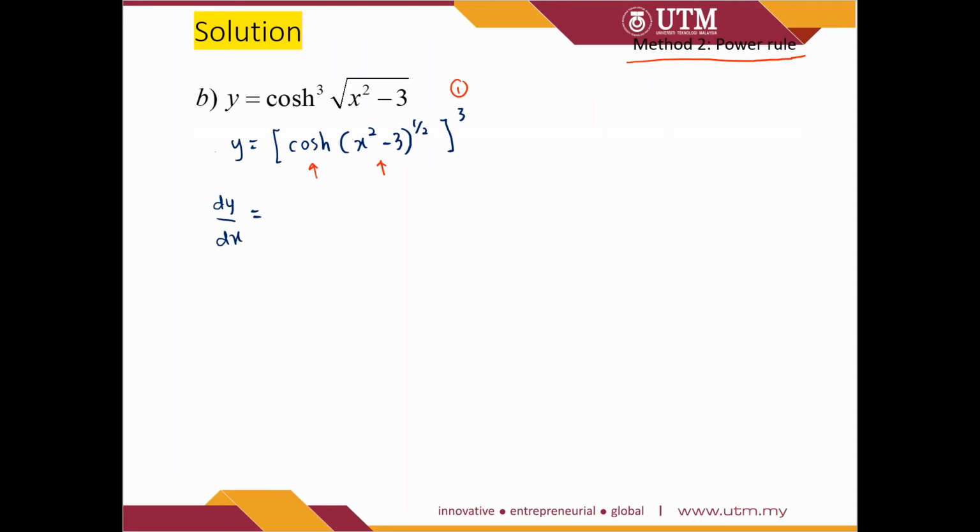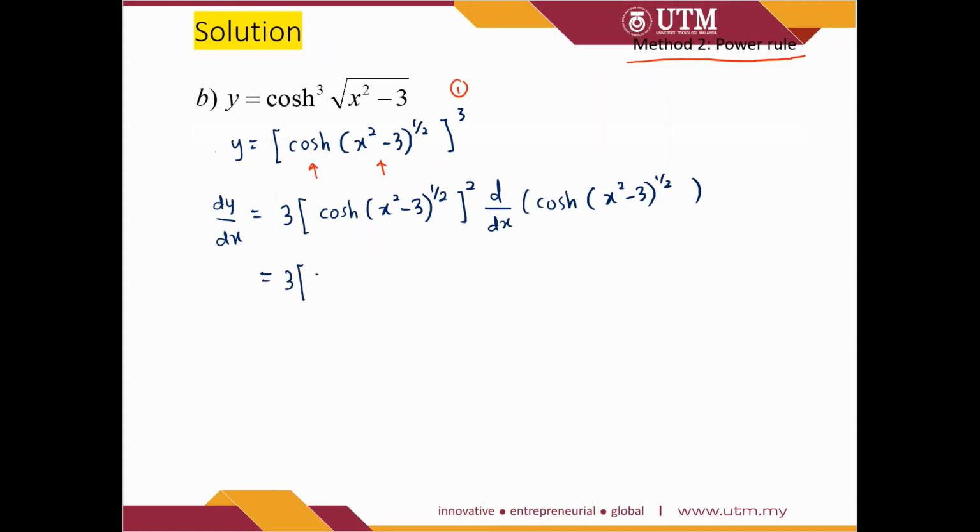Now, for the first one, the derivative of the power of 3 would be 3. Remember to keep the inner function, so just rewrite back cosh of x squared minus 3 to the power of half, squared. Then we have solved the outer part. What we need to do is to differentiate the inner function, which is cosh of x squared minus 3 to the power of half.